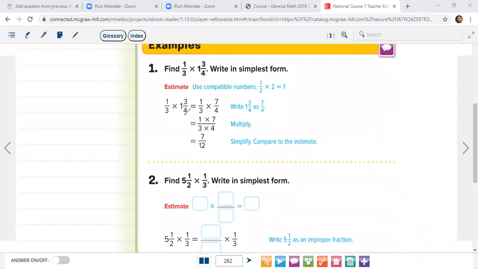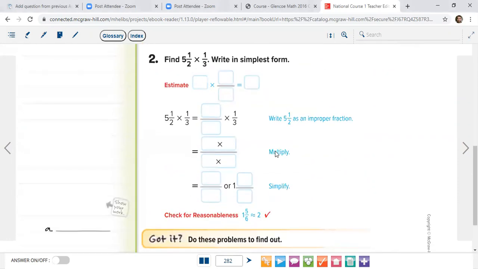We must transform this mixed number into a fraction. How can we transform it into a fraction? As I told you, from down to up, multiply, then add. So 4 times 1 is 4, plus 3 will give you 7 over the same 4. Now you can multiply numerators, you can multiply denominators. See how easy?